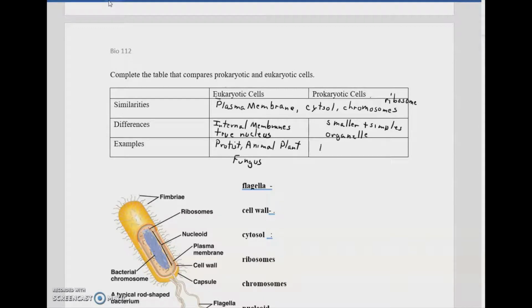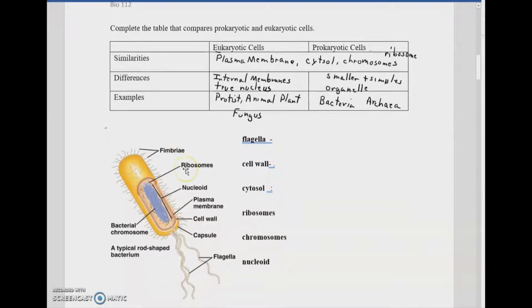The prokaryotic cells include bacteria and archaea, A-R-C-H-A-E-A.